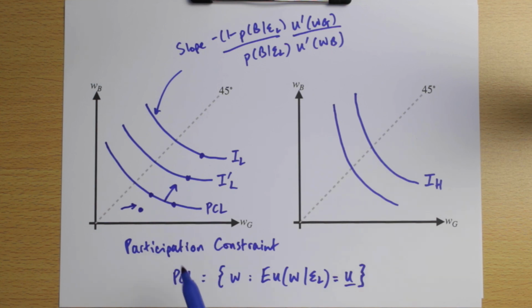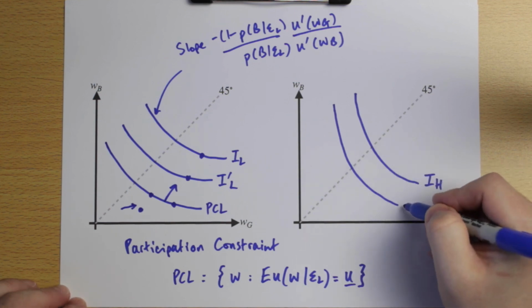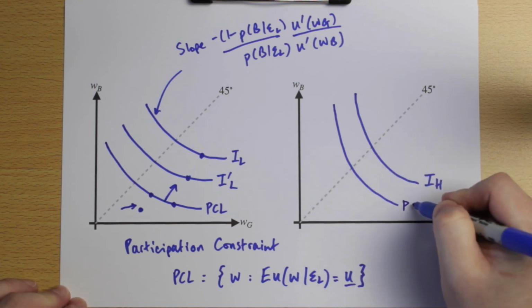And so if the employer wants the employee to come to work, this PCL curve is the constraint that is going to be required. So we call it a participation constraint. In some books, they call it an individual rationality constraint, but we'll stick with the term participation constraint. And of course, we do a similar thing for the employees who put in a high level of effort.